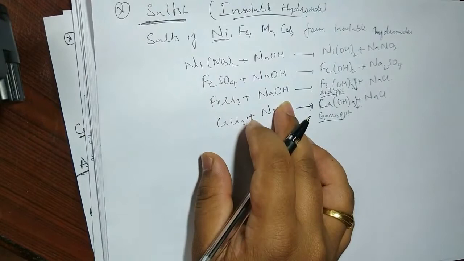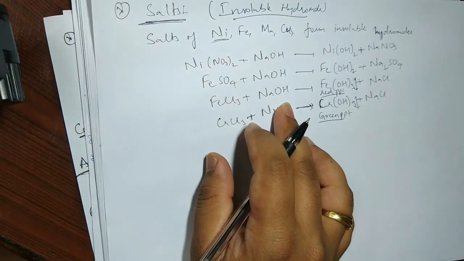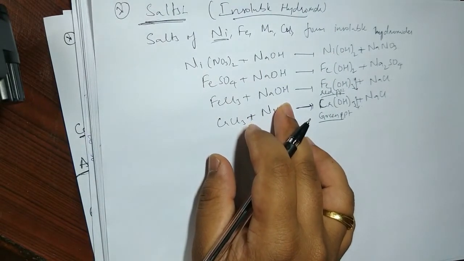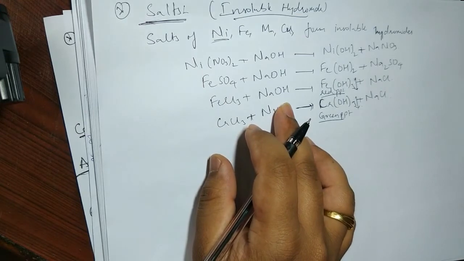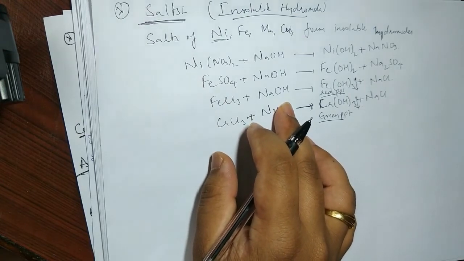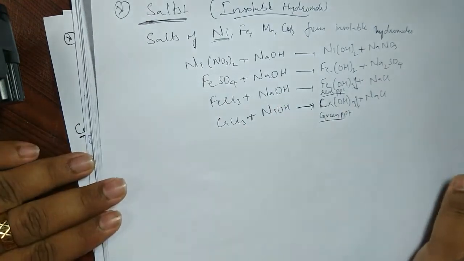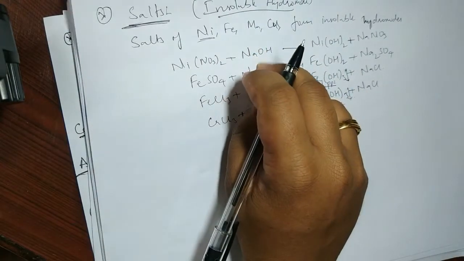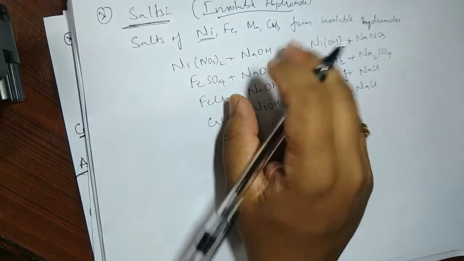Soluble hydroxides means whatever hydroxides are formed, they react with NaOH. If taken in huge amounts, in excess, they dissolve.